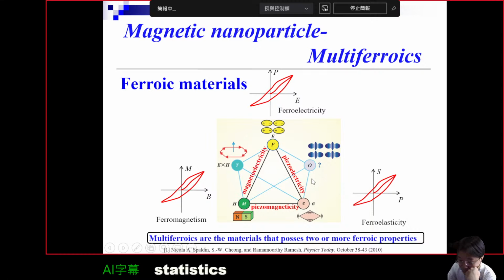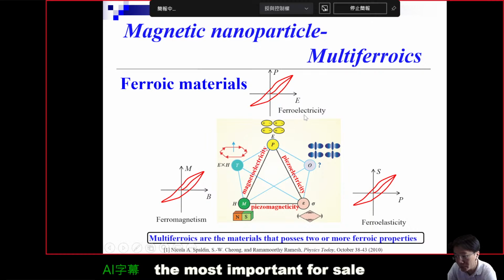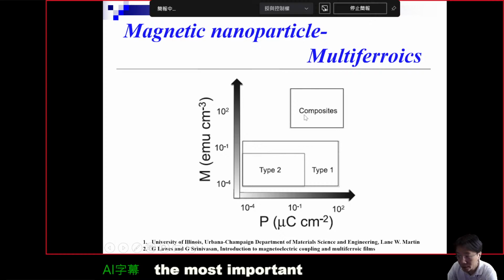And the most important thing I want to tell you is the material that has magnetoelectricity, which is the compound that contains both ferromagnetism and ferroelectricity.